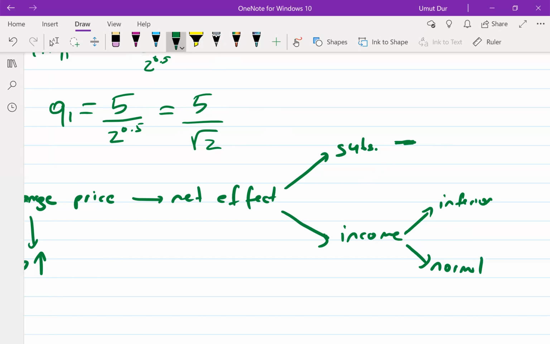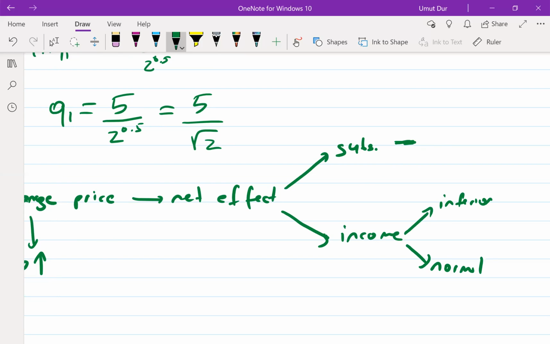Hadi bunu söyleyin. Inferior good'da pricing change'i nasıl etki ediyordu? Sizin price artı mı, income'ınız ne oldu? Hani relative income'ınız ne oldu onu düşünelim ilk önce.